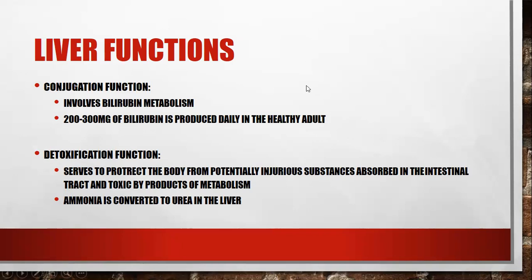And once this bilirubin goes into the liver, it is conjugated, thus the conjugation function of the liver. I will be discussing more of these in the next few slides. About 200 to 300 milligrams of bilirubin is produced daily in the healthy adult.